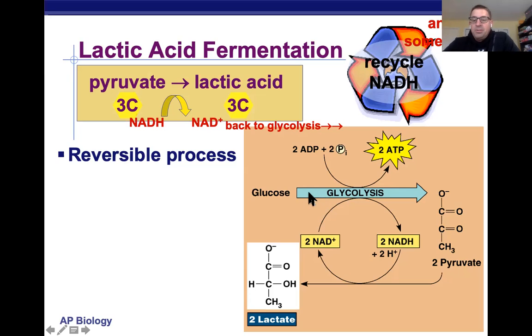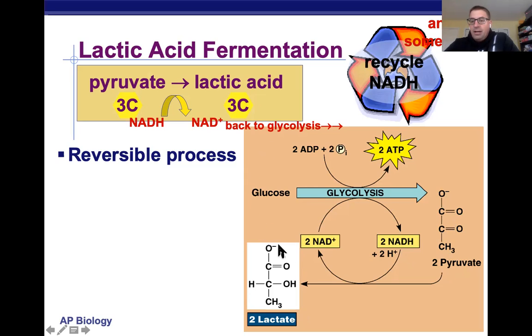Okay, but here in animals and some fungi and some bacteria, we don't pull the CO2 off of this pyruvate. It remains a 3-carbon compound, and the hydrogens with their electrons are transferred directly from NADH onto the pyruvate molecule, and that's what generates the lactic acid or lactate molecule. This is reversible.